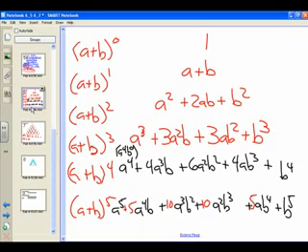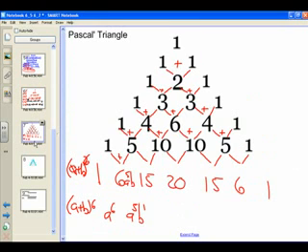If I come back up here, notice for the first, second, 1 plus 1, 2. The degree of each term is always going to be 6. Over here, I get a to the 4th, b squared.